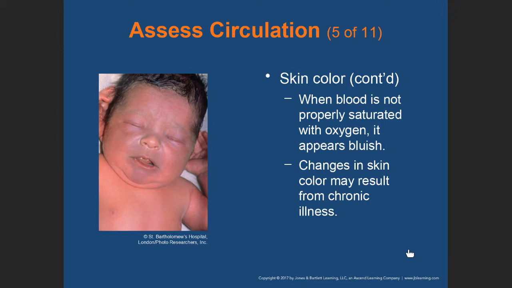So the patient can have cyanosis, they can have orange. What am I talking about? Orange, yellowish discoloration of the skin, which suggests that there might be an issue with their liver or kidneys. The skin can look excessively flushed and excessively hot. That's usually a sign of inflammation or infection developing.